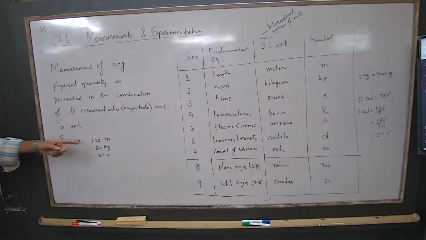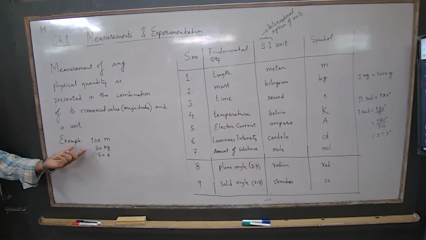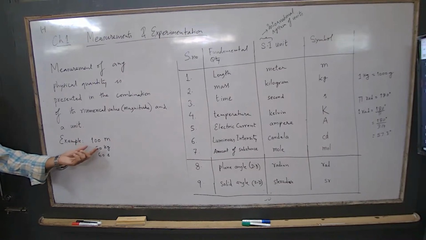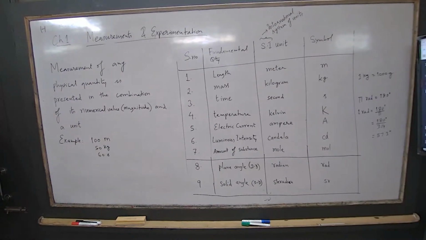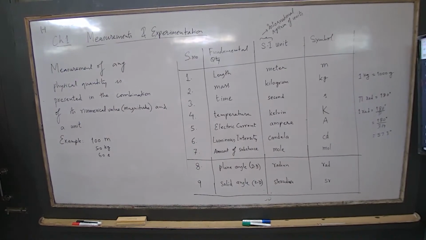So what does 100 meter mean? When I say 100 meter, that means I have to know what is a meter. So this measured length is 100 times a certain standard length, which we call meter. Understood? So how is a length measured?